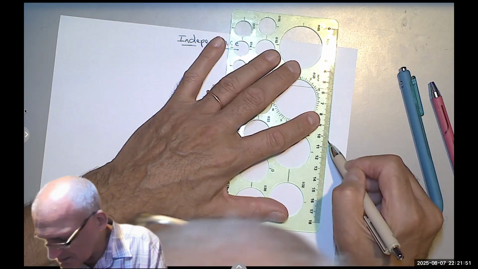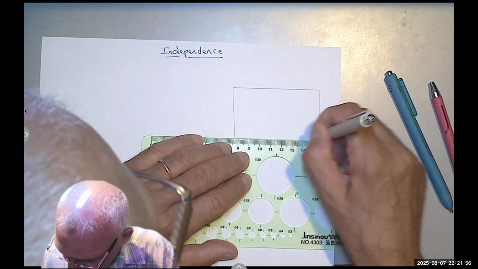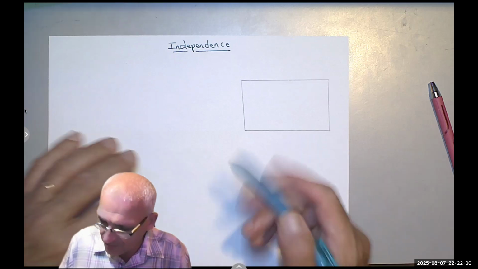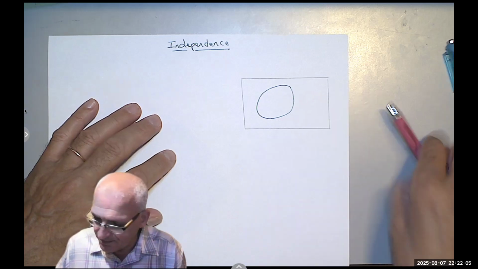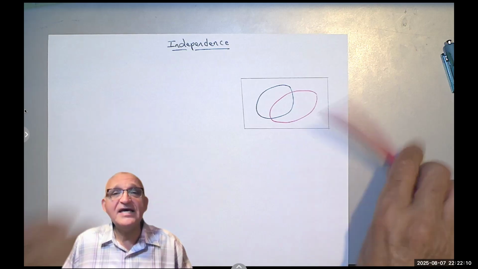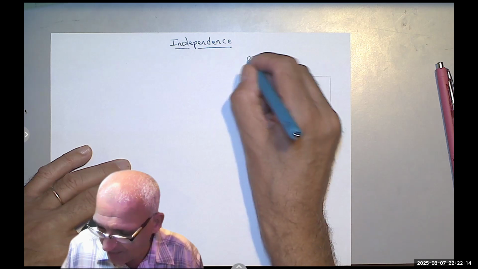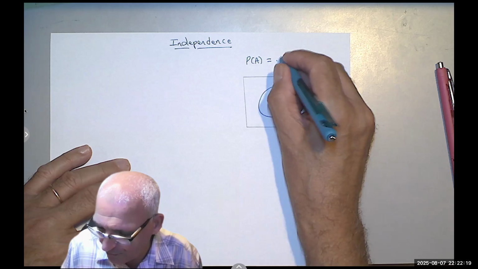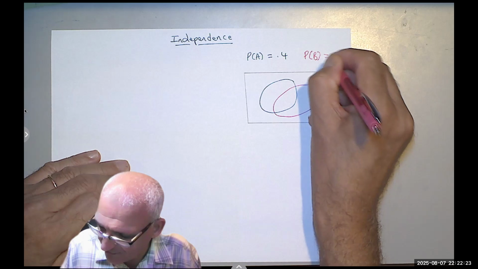So what we are doing here, we have a Venn diagram with two events, A and B, as we usually do. Now I have the probability of A, let's say it's 0.4, and the probability of B is 0.5.